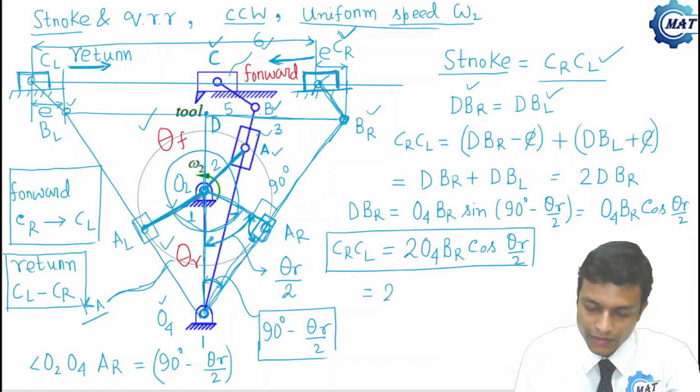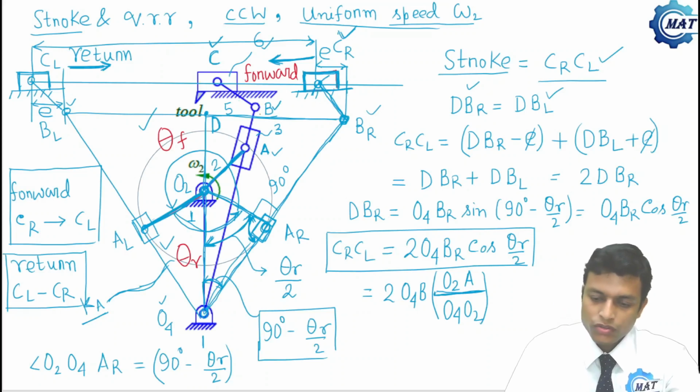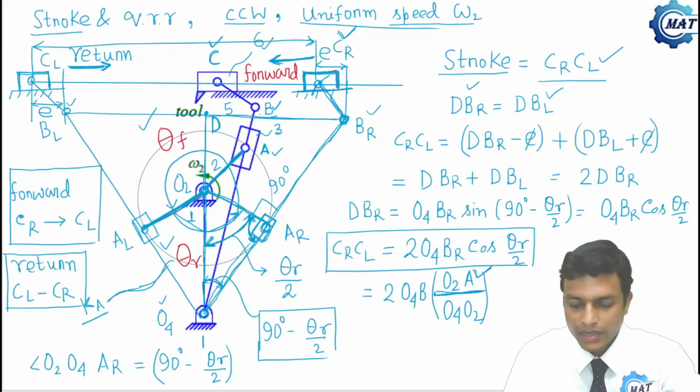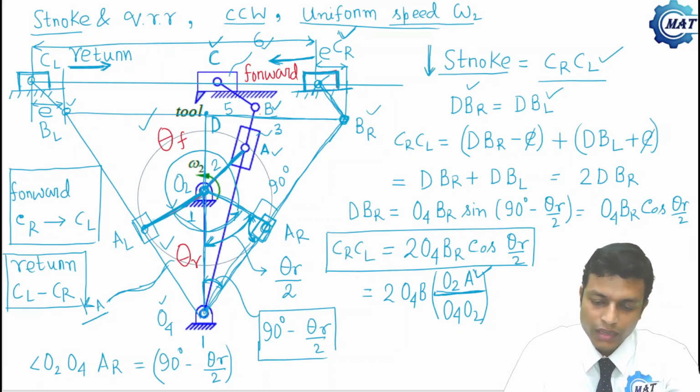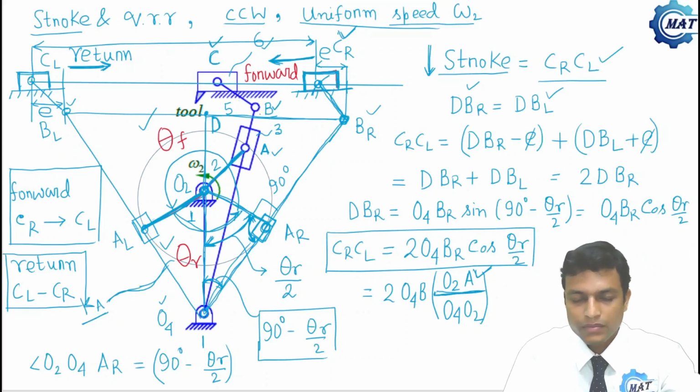Now we can extend it to O4 BR or O4 B into, we have already determined that cos theta R by 2 is O2A divided by O4 O2. So stroke depends on length of the crank. O2A is length of the crank. Now if we want to reduce the stroke for a smaller length job, then what to do?